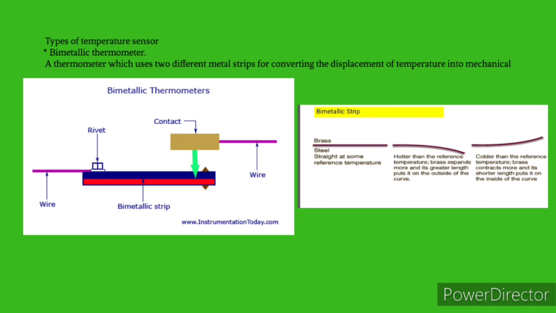Therefore, by looking at the contraction and expansion of these two metals, we are able to know the temperature, how much temperature is required for this expansion and contraction. So by looking at the contraction and expansion of the bimetallic strips, we can measure the temperature. This is how temperature is measured in industry.